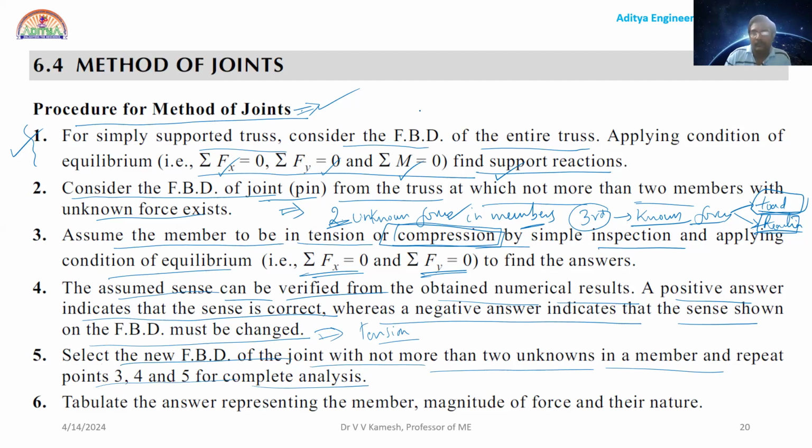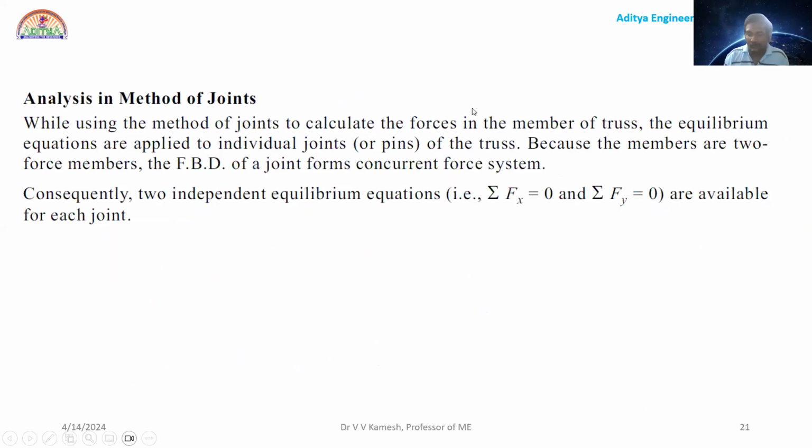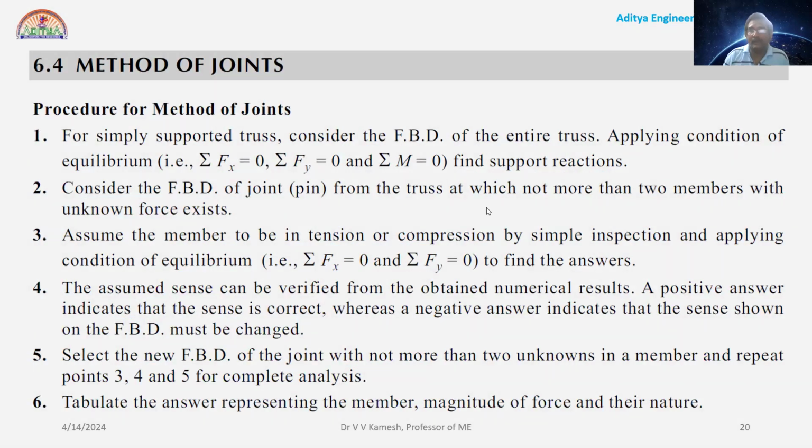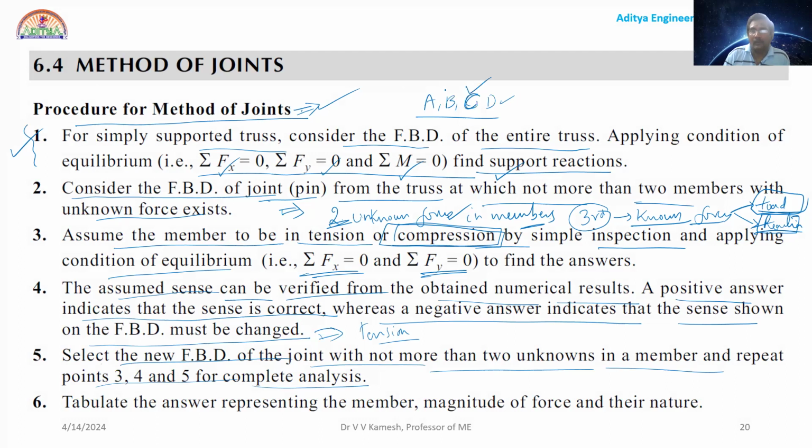Suppose I have four joints A, B, C, D. Suppose C has only two unknowns, start with C. There will be one calculation in C, and you transfer that calculation to another joint, D, or B or A. Just for example, first C will be analyzed, next A, next D, next B, like that.